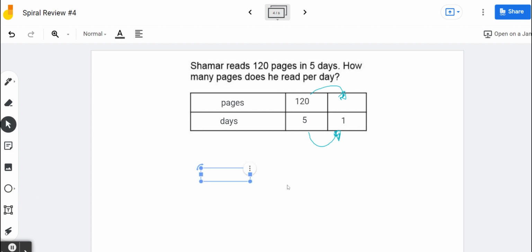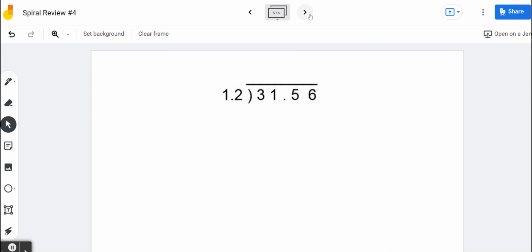I will ask you to, if there's space, write a sentence, just to get in the habit of writing: reads blank pages per day. I'll let you finish that one on your own.